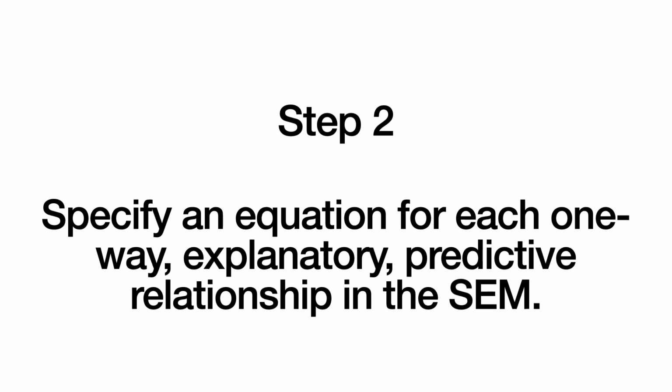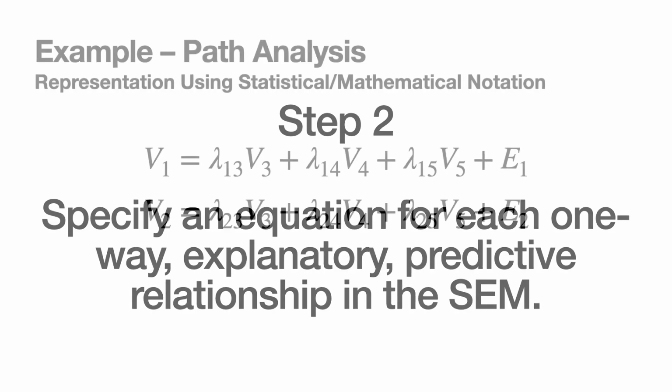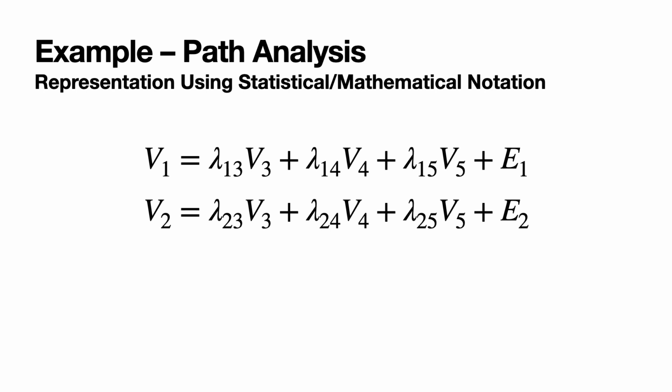All right, step 2 in specifying the model. We specify an equation for each one-way, explanatory, predictive relationship in the SEM. And so here are the two equations that comprise this path model.